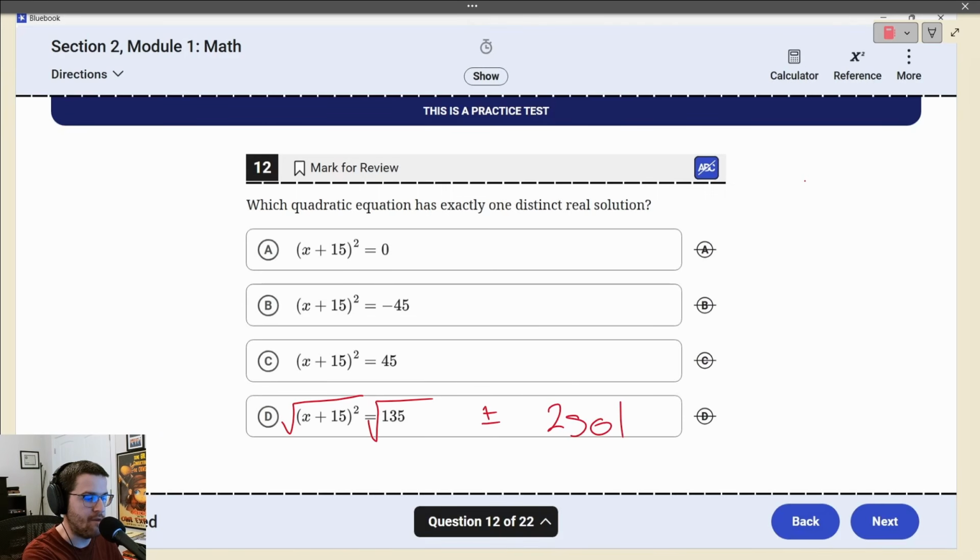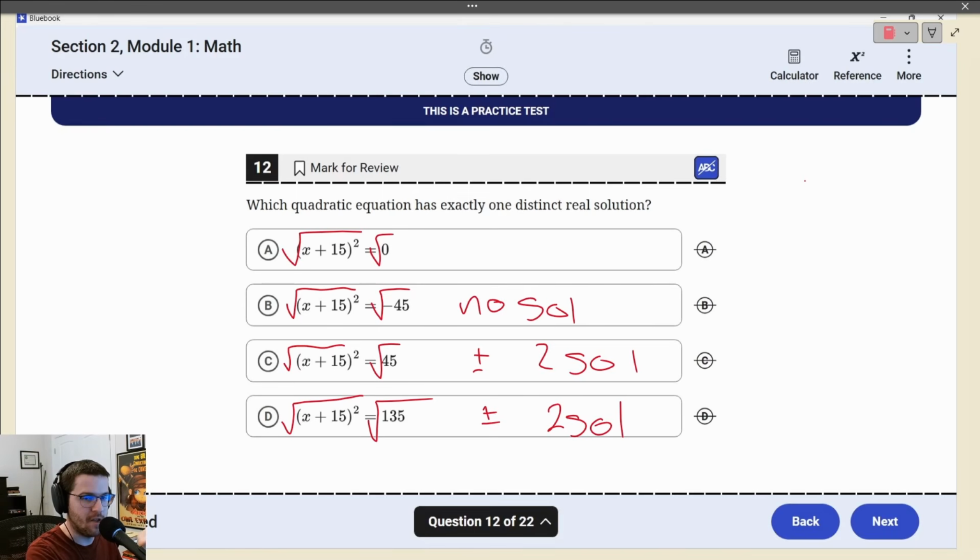So you see 135 is positive, 45 is positive. When you go to take the square root of a negative number, like negative 45, you can't do that. Go try to type square root of negative 45 on your calculator. It won't work. So that means there's no solution, zero solutions. And when you take the square root of 0, that's just 0.